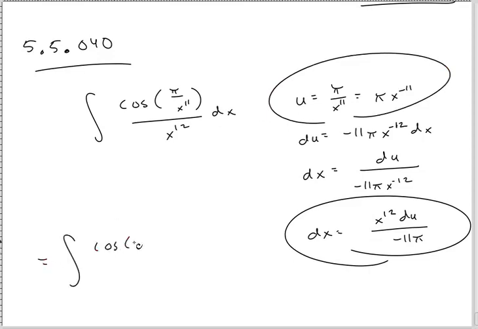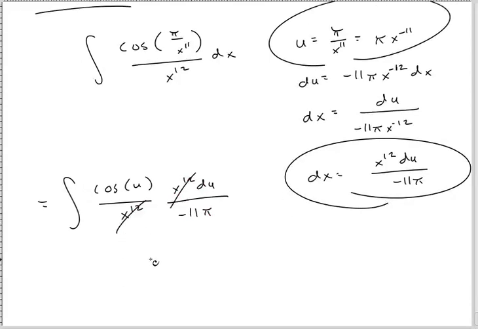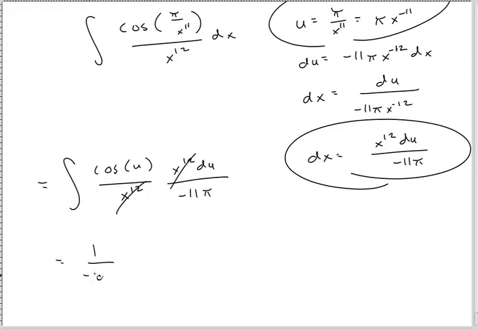So cosine of u over x to the 12th. Whoa. x to the 12th du divided by a negative 11 pi. And those guys cancel. The 1 over negative 11 pi can come to the front. What's your integral of cosine?